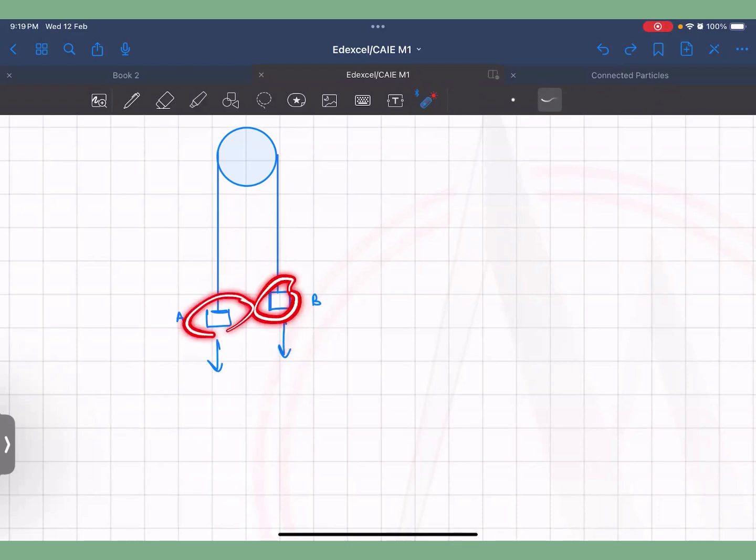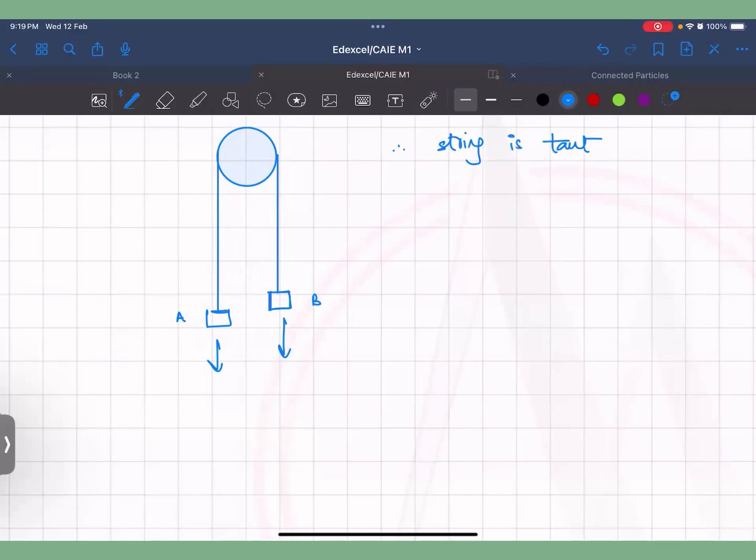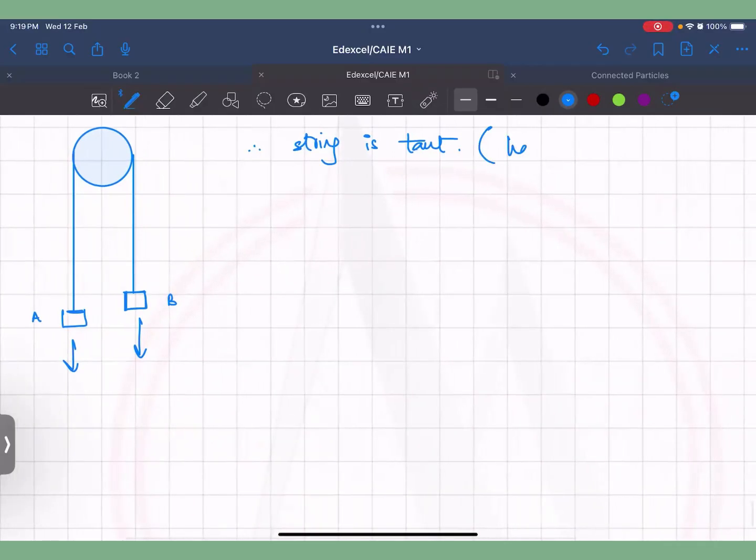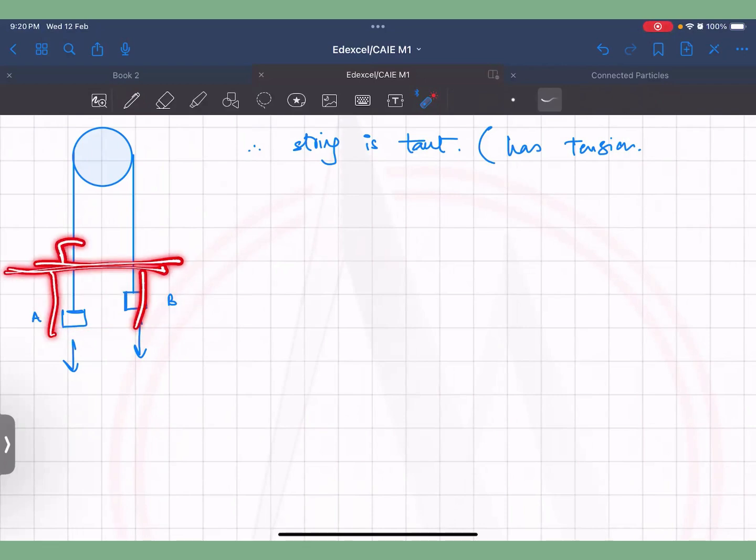So both particles are connected by this string, and the string is taut. Taut means that the string has tension. There is a force of tension inside the string. Think about it in your mind: if I pick both of these masses up by hand to this height, the string would now become slack.